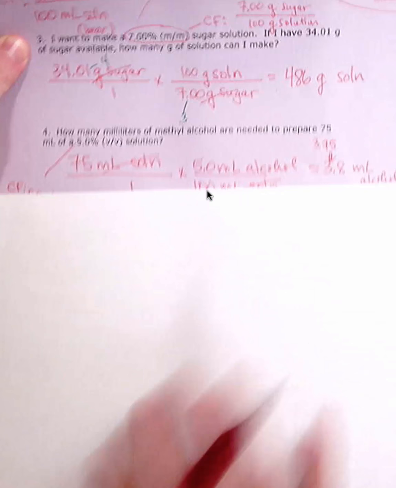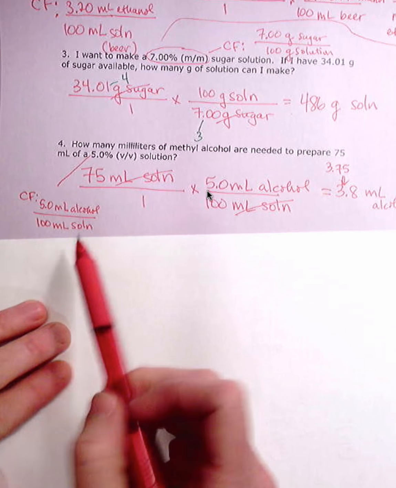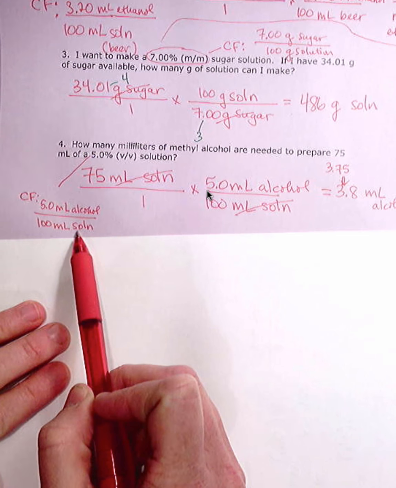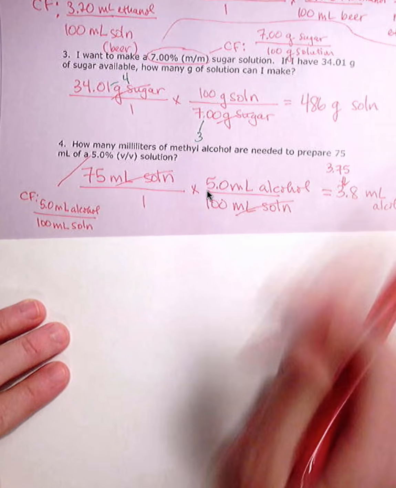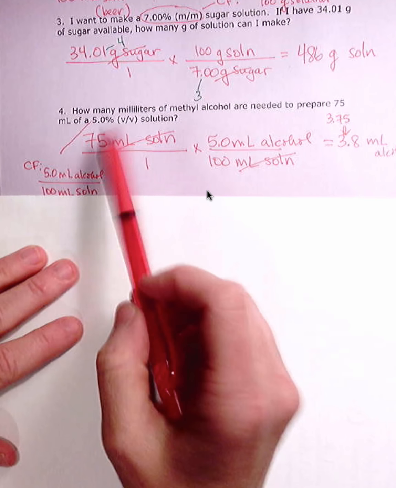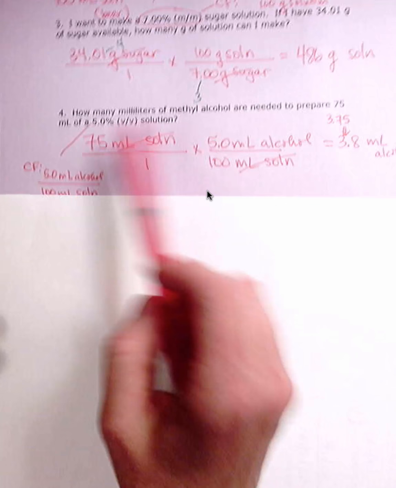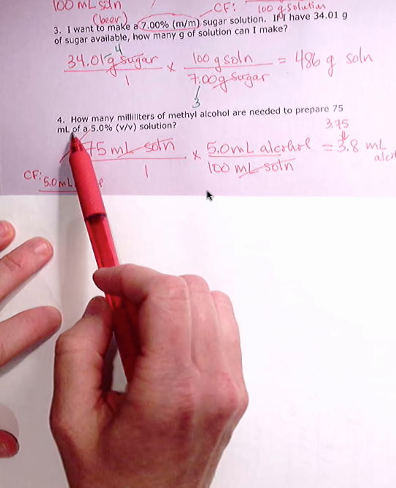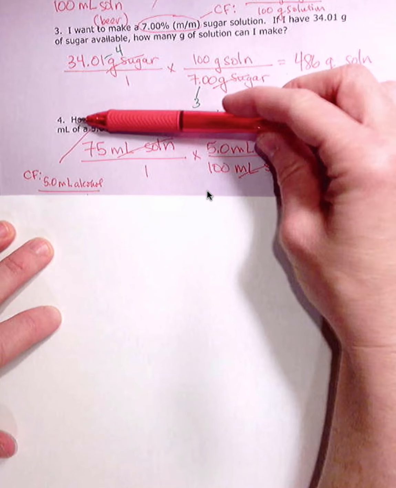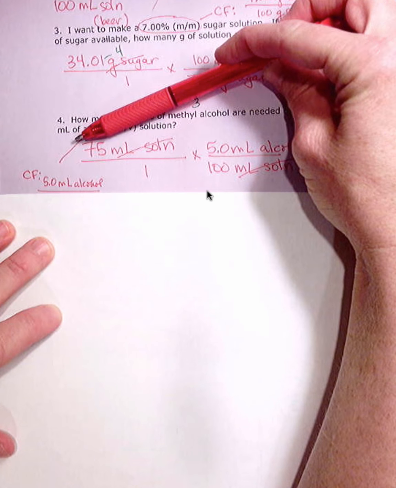All right, so on number 4, your conversion factor is going to be 5 mils of alcohol per 100 mils of solution. With number 4, you really have to read carefully to know that the 75 milliliters is solution. So it's almost like take something and block it out so you can see that it's just solution.